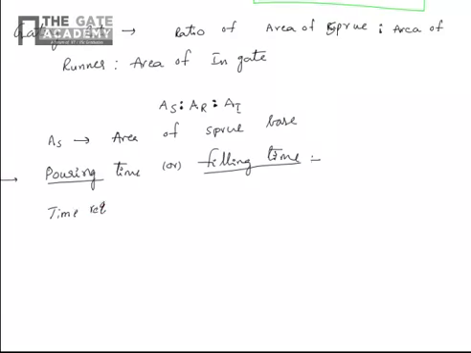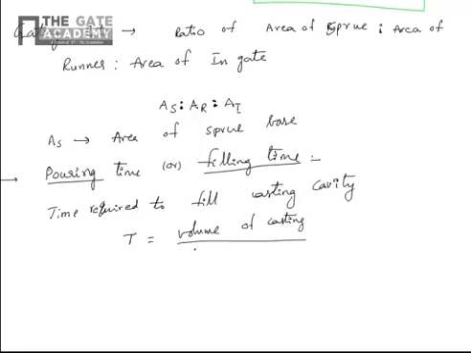So time required to fill the casting cavity, T equal to volume of casting divided by area into velocity.